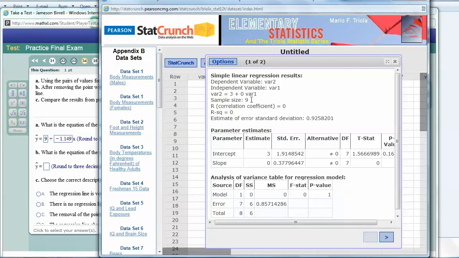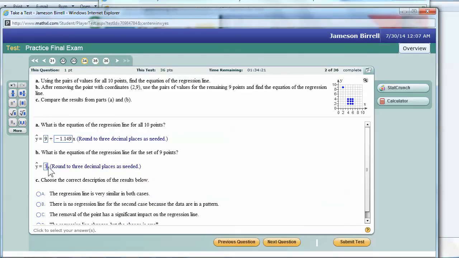Why 0? Well, it's a result of our correlation coefficient also being 0. If r is 0, then when you multiply by the sample standard deviation of the y's over the sample standard deviation of the x's, that whole thing is going to turn out to be 0 too. So b1 is going to be 0. So we've just got 3. And that makes sense because without this point, there isn't correlation there.